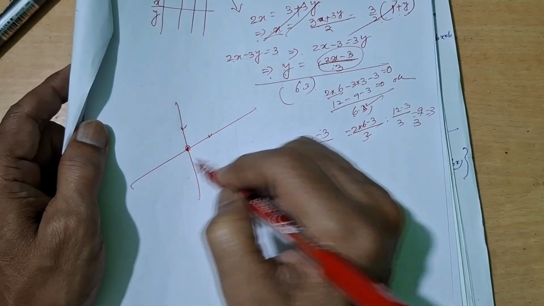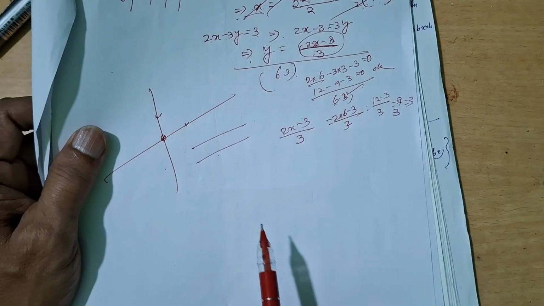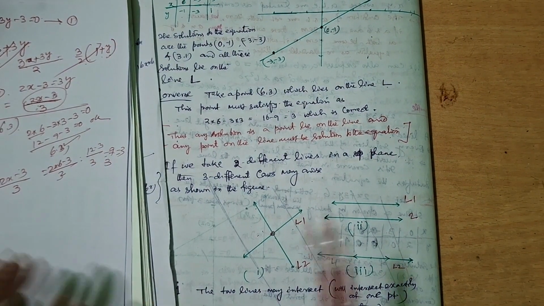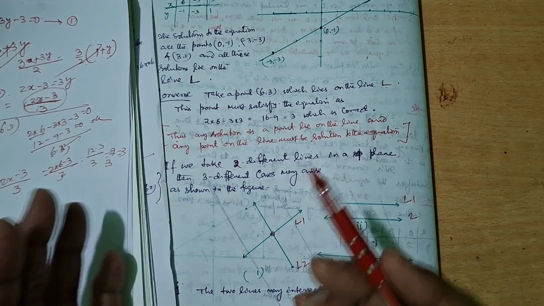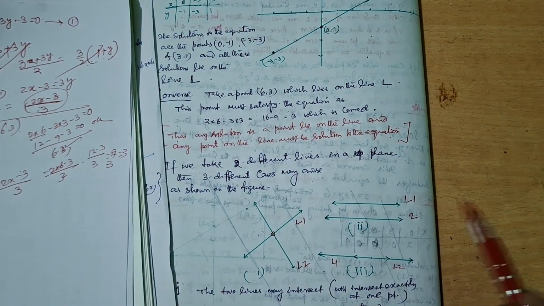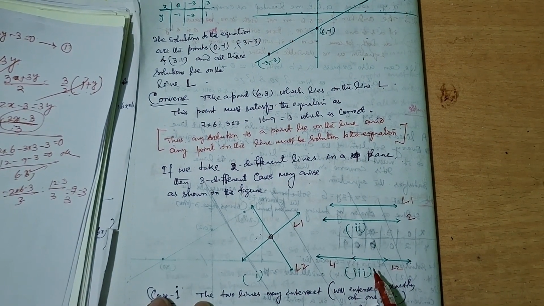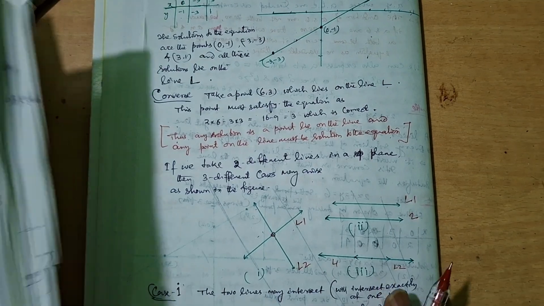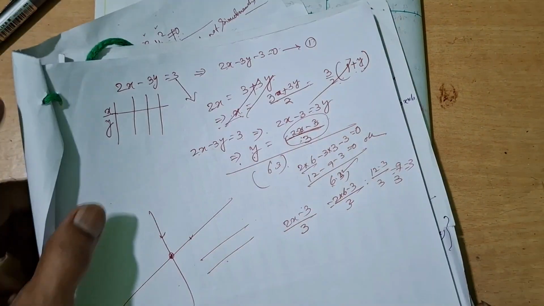If they cross, otherwise if they are parallel, they will not cross. But if they cross, it is at only one point, and that point is the solution of both equations, the simultaneous equations, that is the only solution. And the other case is the same equation. If the equation is the same, then the two lines will coincide.